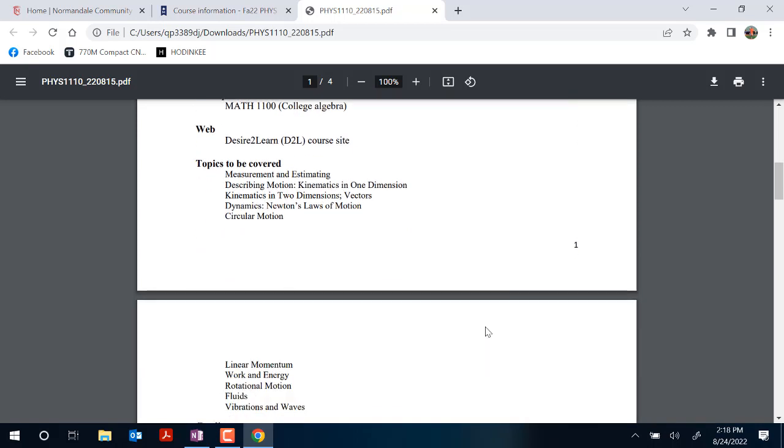These are the topics that we'll cover in this class. It mostly has to do with forces, describing motion, and there's nothing about electricity or magnetism. Those things come up in physics too.